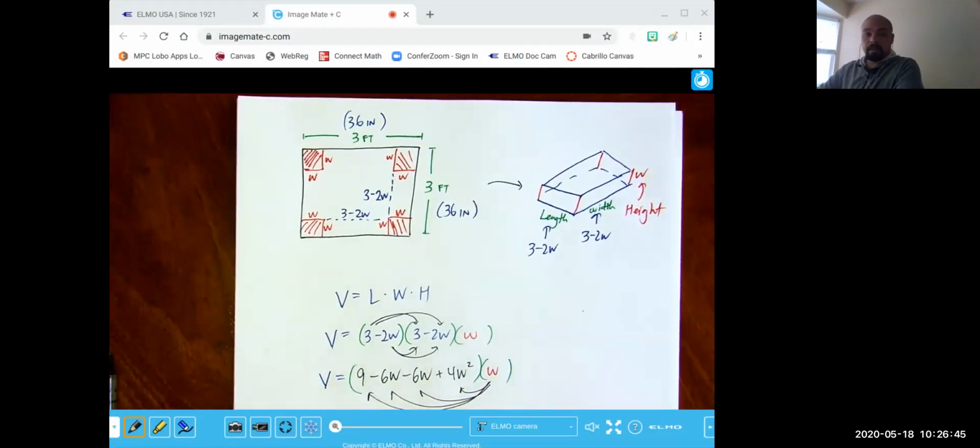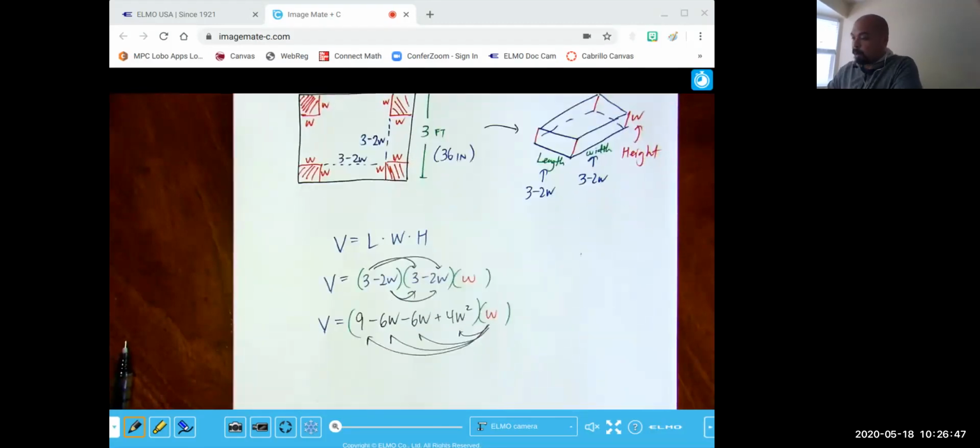So at the end of the day, what do we get? We get our volume, 9W minus 12W with another W, so minus 12W squared plus 4W cubed.